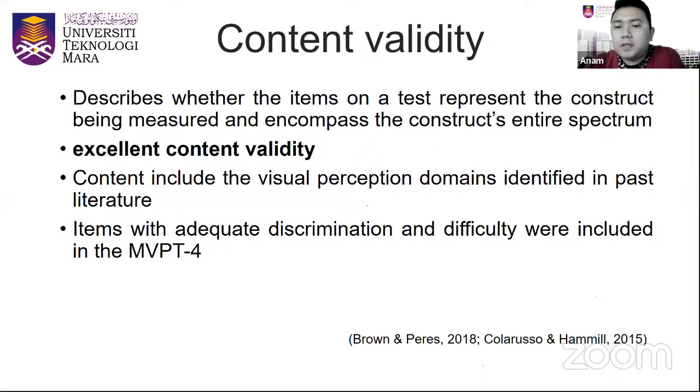From the author and previous research, the MVPT has excellent content validity because its content includes the visual perception domains identified in past literature, and items with adequate discrimination and difficulty were included in the MVPT according to age.